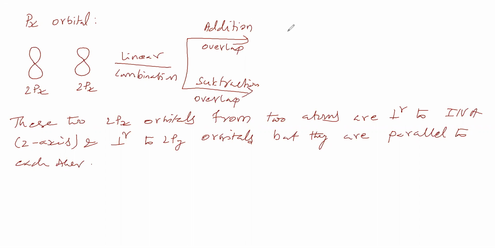Therefore it gives pi 2px and pi star 2px, like we discussed. Two 2px atomic orbitals on linear combination give pi 2px and pi star 2px. The energy of pi 2px is less than the energy of pi star 2px. Okay, so now we got this.